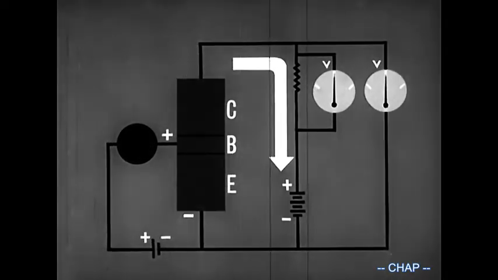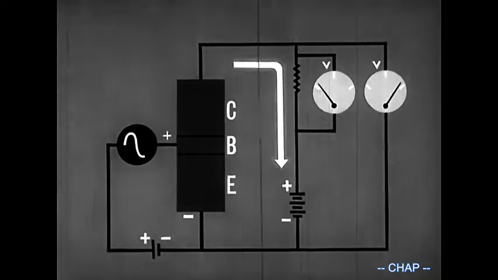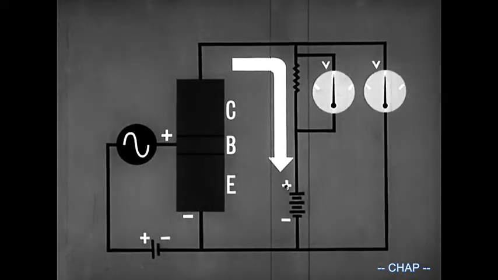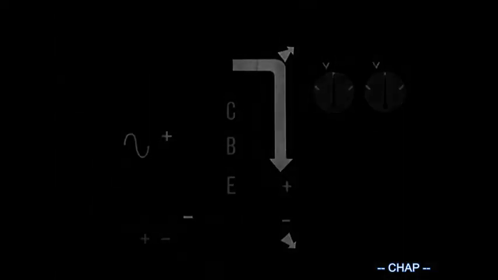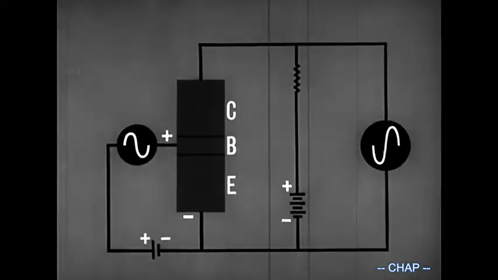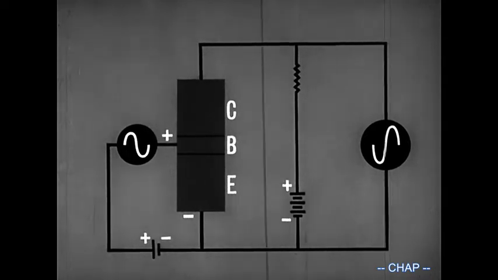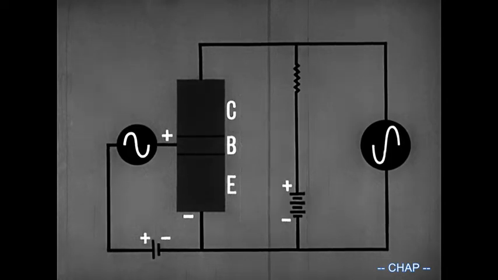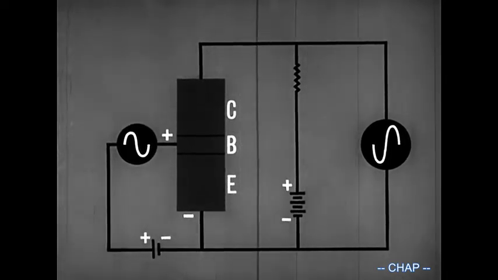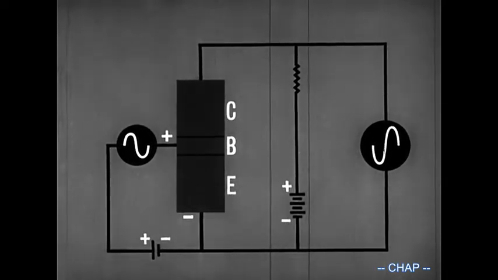Now watch the complete action. If we pick up the output signal at these points, it would look like this on an oscilloscope. The signal we fed into the circuit is now amplified many times.